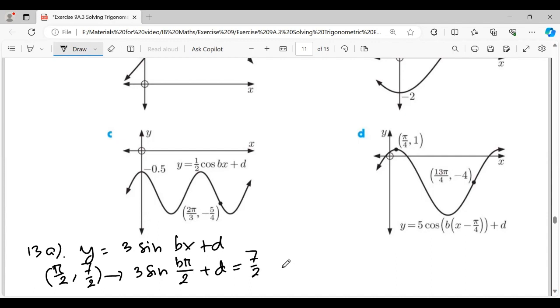And sine pi half, sine 90 equals 1. So it becomes 3b plus d equals 7 half.